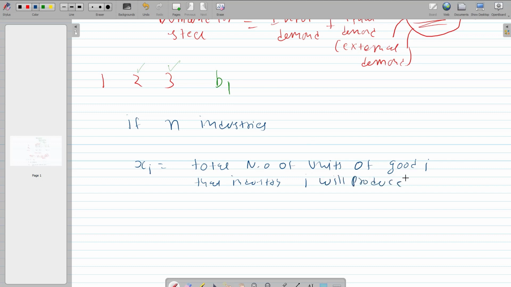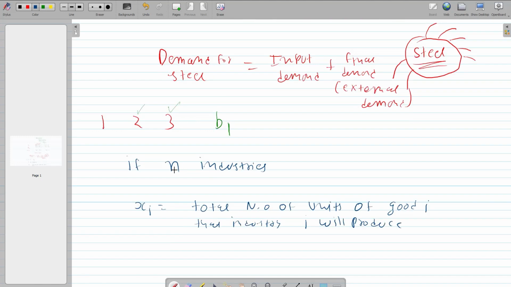If my good is 1, then x1 is how much quantity of good one is produced by industry 1. Let's say my good one is steel. Then x steel is how many units of steel are being produced by the steel industry, that is the total production of the steel industry.